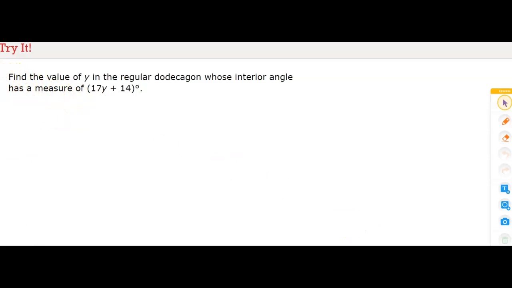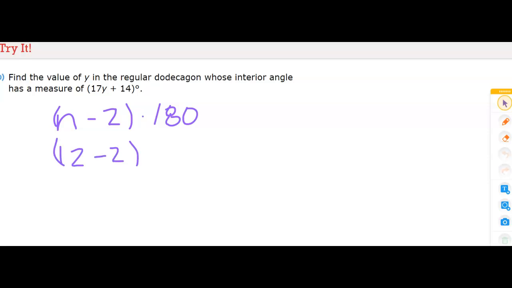Find the value of y in the regular dodecagon whose interior angle has a measure of 17 times y plus 14 degrees. All right, dodecagon, 12 sides. Again, let's start with the formula for the sum of the interior angles: n minus 2 times 180. The number of sides is 12, so 12 minus 2 times 180.